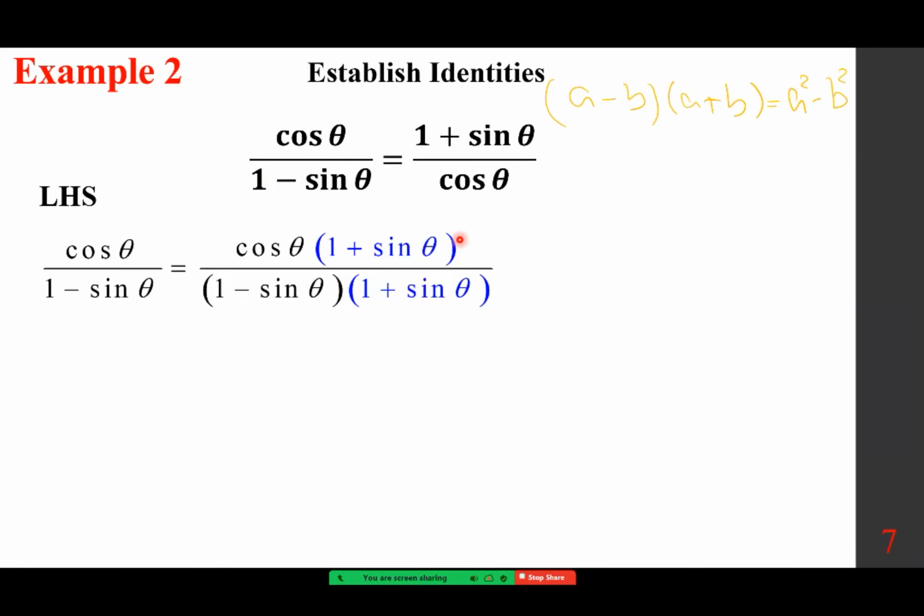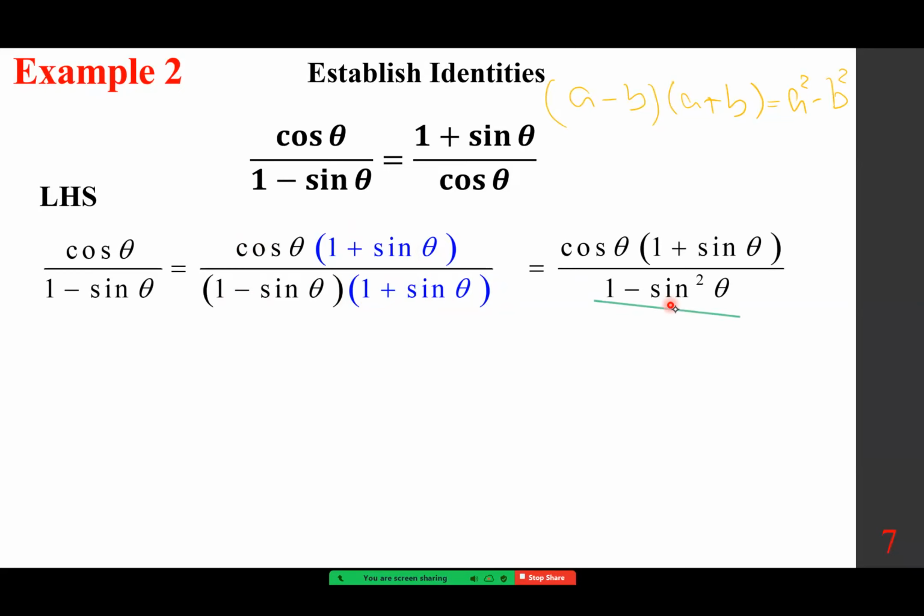Now, needless to say, this blue fraction equals 1, so we can do that. So these two, we just keep, and the product of these two is 1 minus sine squared, according to the product of a minus b, a plus b, and this is cosine squared. Now what happens?